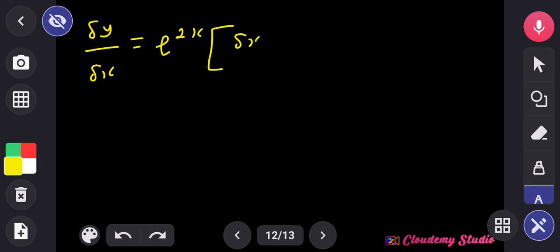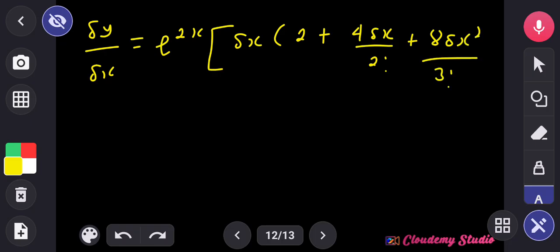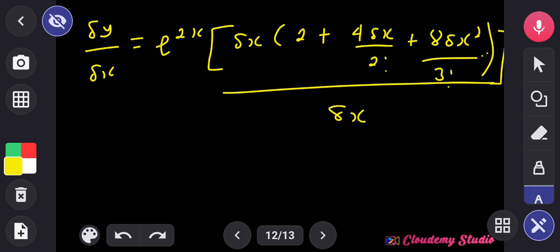We're going to have dy upon dx equal to exponential 2x, then, let me use a square bracket, delta x into bracket 2 plus 4 delta x divided by 2 factorial plus 8 delta x squared divided by 3 factorial till infinity, everything divided by delta x.